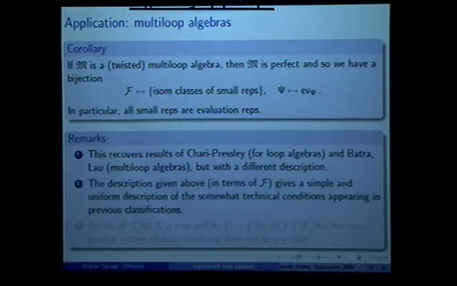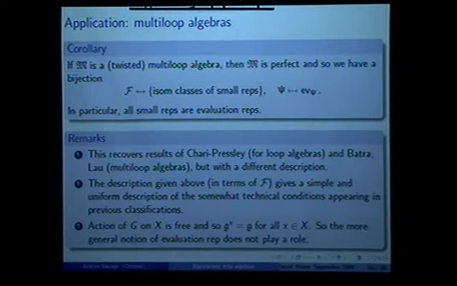And this description in terms of these finitely supported equivariant functions is, I think, a little bit more simple and more uniform than some of the conditions that appeared in previous classifications. There were conditions in some cases for, say, the multi-loop algebras that don't appear in this description. We just have these finitely supported equivariant functions, this sort of uniform description.